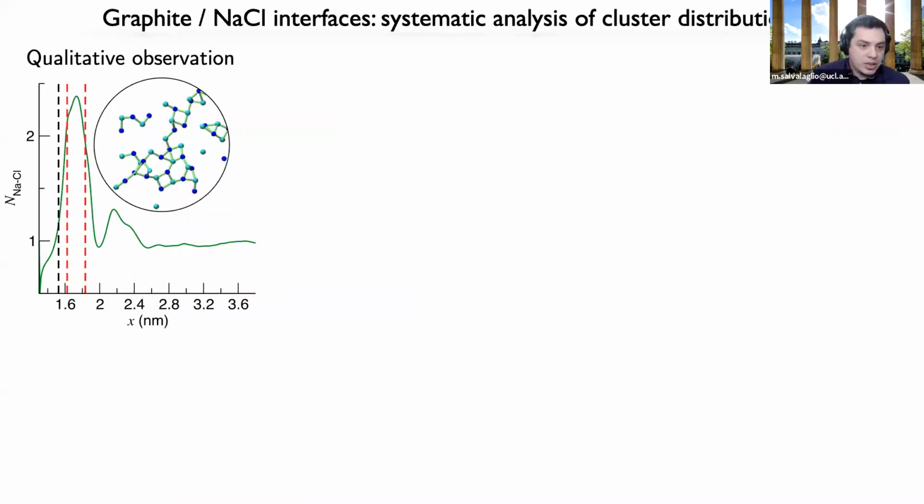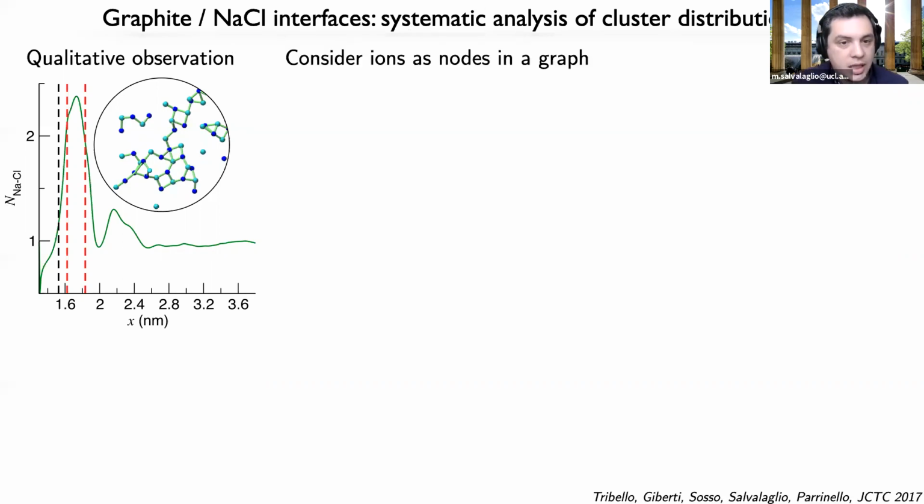So in order to do this, we start from this qualitative observation. For example, in this plot here is represented the fact that the average coordination number between an NaCl close to the interface exceeds the limit of 1 that we observe in the solution bulk. And we try to use this idea of considering ions as nodes in a graph in order to obtain a quantitative representation of these structures.